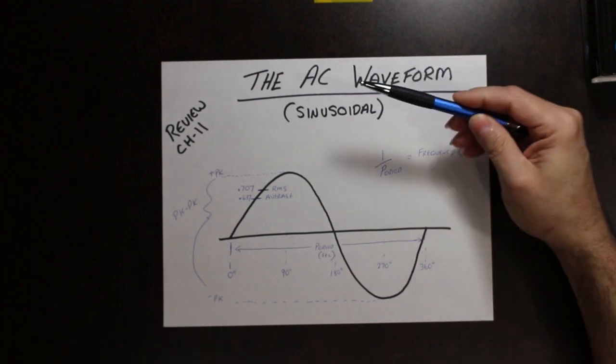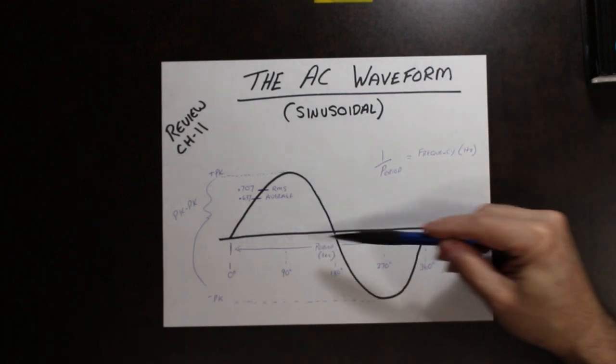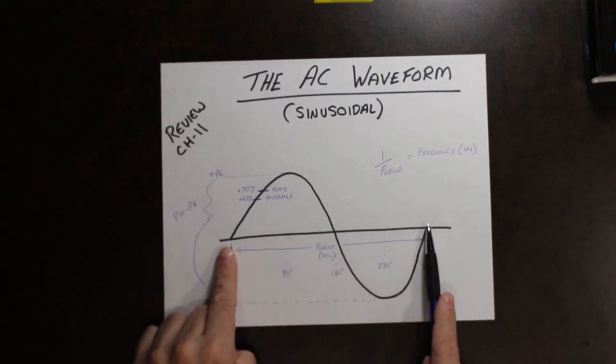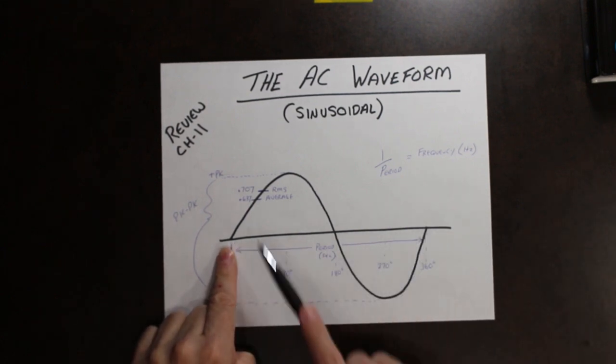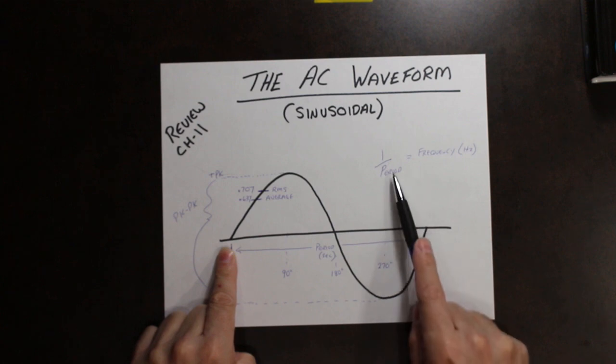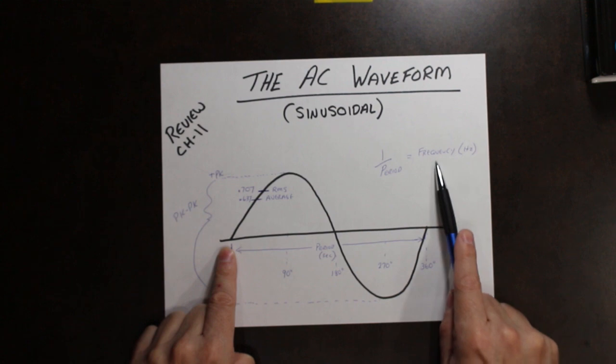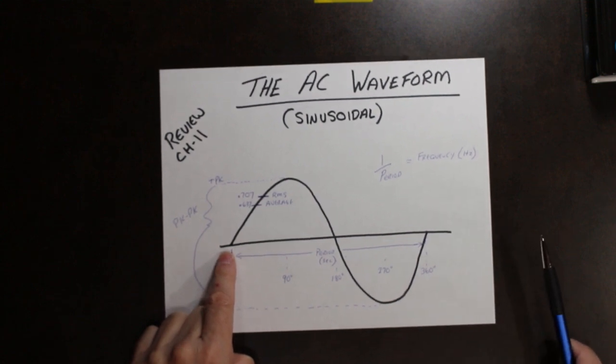So that takes care of the time measurements, whether it be the length of time for one complete cycle of this waveform, known as the period, or how many of those are happening in 1 second, that is the frequency.